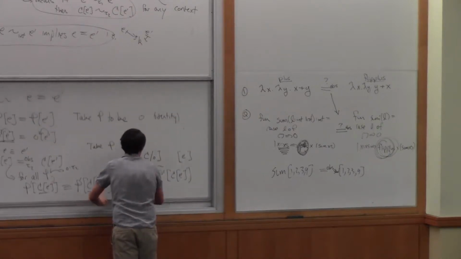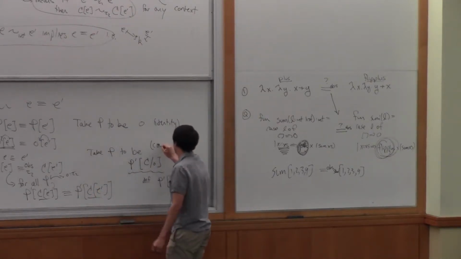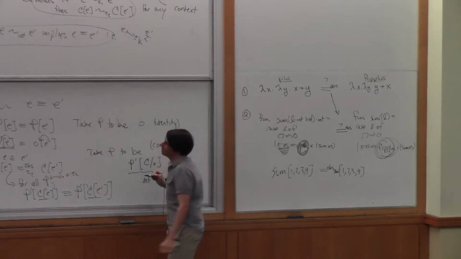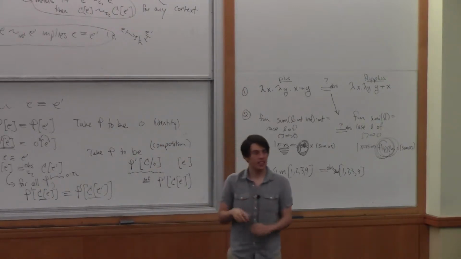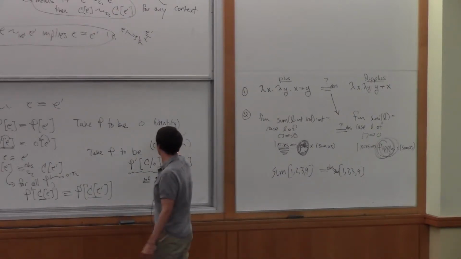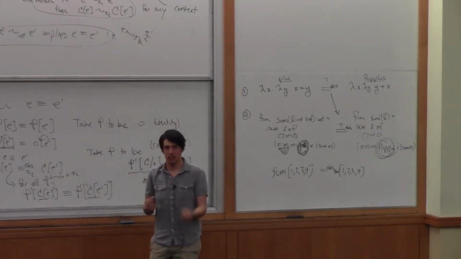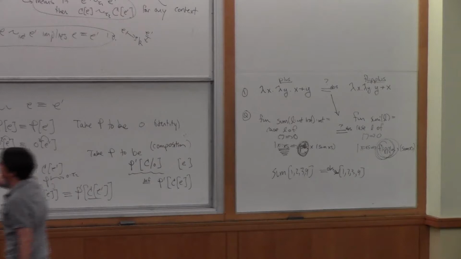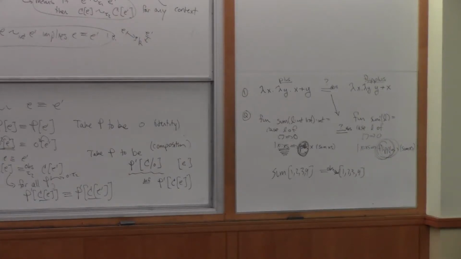So the fact that gives us congruence is composition of contexts. So it's really the properties of identity and composition of contexts that is the gap between this definition and knowing that it's a consistent congruence.